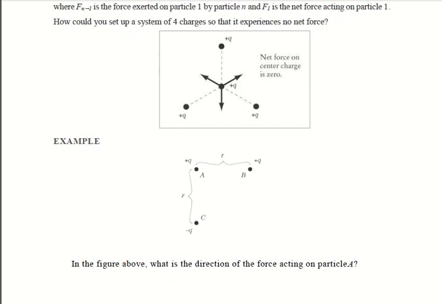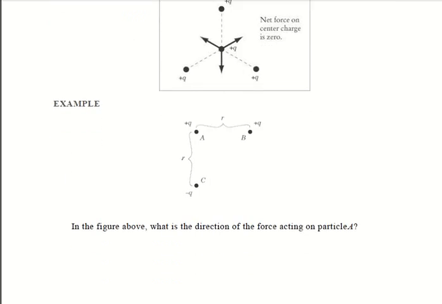Let's try it again a little more mathematically. Oh, no, not mathematically. We're not throwing in numbers yet. Let's try it again in this example. We have this figure above at point A, a positive Q, a distance r away from point B, where we have another positive Q, and another r away to a negative Q at point C here.